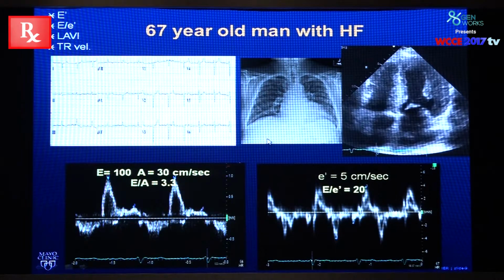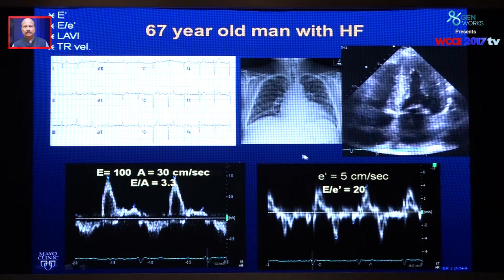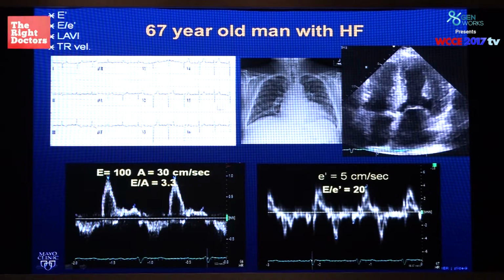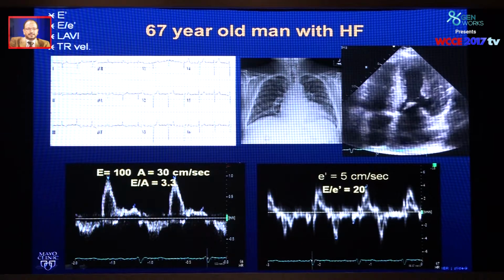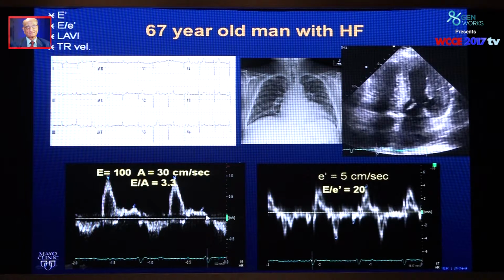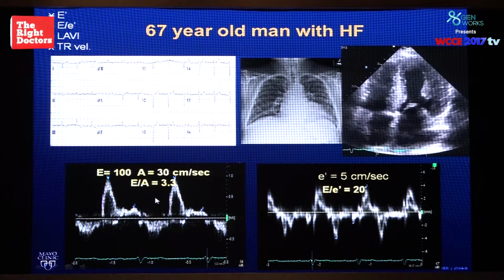This is a 67-year-old, and I think I showed you this one during this morning's lecture, with cardiomegaly and pulmonary venous congestion, thick walls, and you have an E velocity of 100 and an A velocity of 30 centimeters per second. So E over A ratio is more than 3, right?